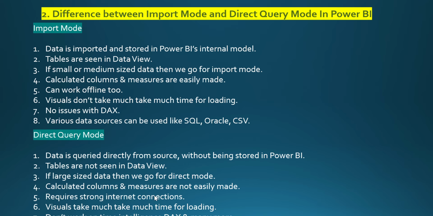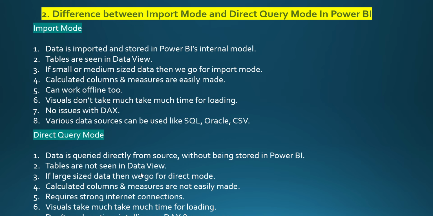Calculated columns and measures are not easily made. It requires a strong internet connection because data is fetched from the SQL or OLAP server or databases. Visuals take much time to load. Time intelligence functions don't work, and many more limitations. Once any data source is used at the start, it must be used throughout.